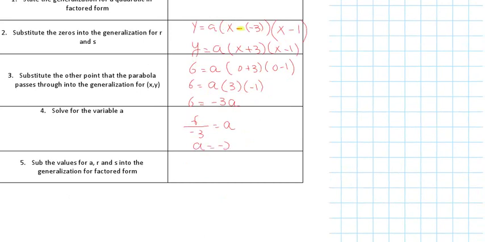And look at this. Y equals negative 2, because a is negative 2, (x plus 3)(x minus 1). Is this factored form for you? Yeah? What are your zeros from that factored form? Negative 3 and 1. Which way does it open?